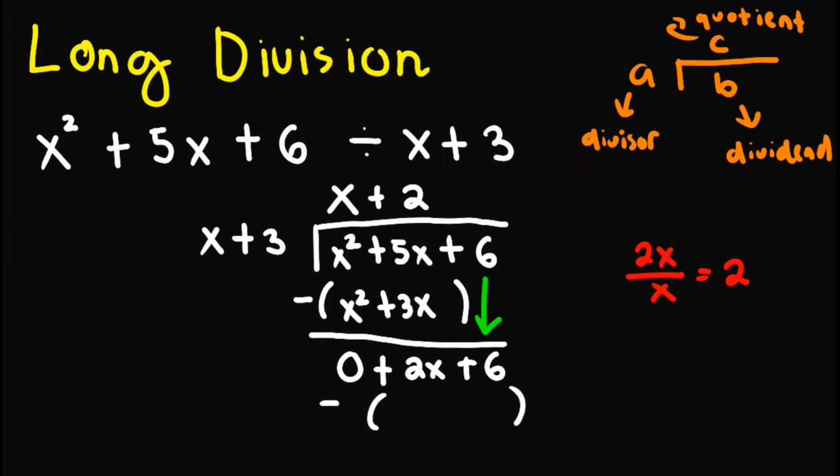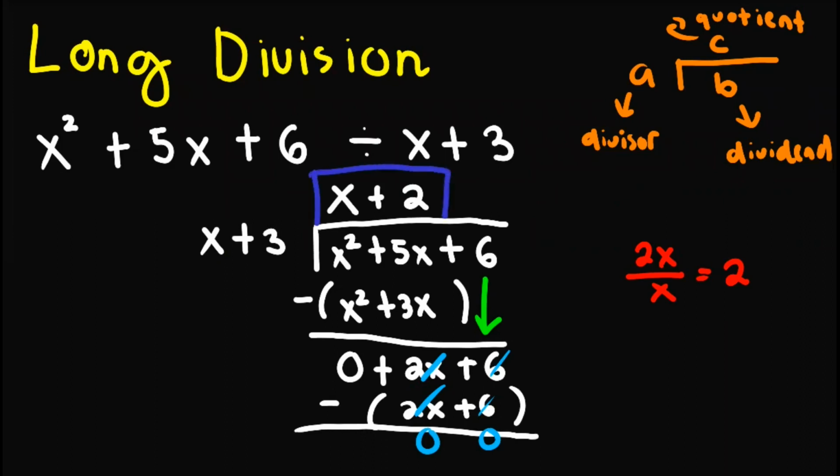So their product is 2x plus 6. Subtracting this one, 2x minus 2x will give us 0, and 6 minus 6 will give us 0. And so the answer is x plus 2. This is the quotient. And the remainder is 0. So that is how we do long division.